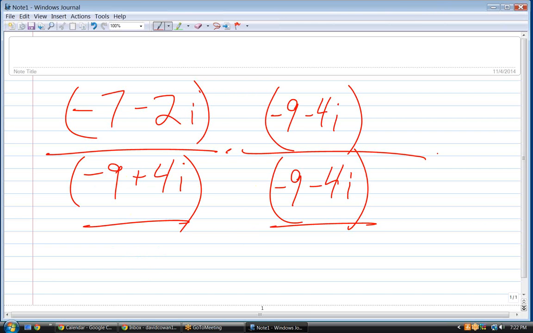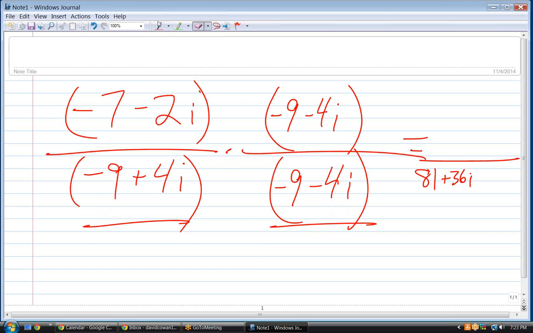What's the bottom turn into? Do it piece by piece. So 81. Okay. Plus 36i. In other words, minus 9 times minus 4i is plus 36i.